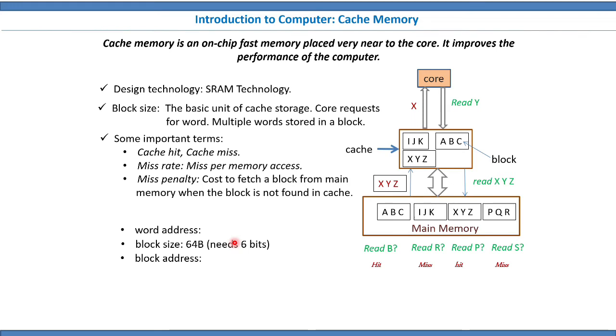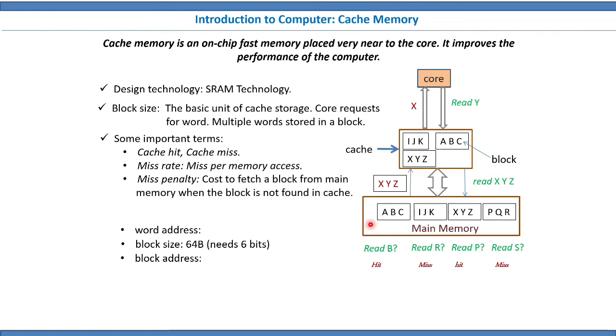Okay. So now one more thing here. Here I said that the core is requesting a word, like read A, read Y. So what are these A and Y? These are actually word addresses. Most memory is byte addressable memory. It means that every byte has an address: byte one, byte two, byte three, byte four, like this.